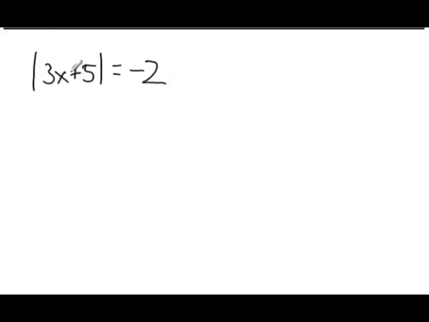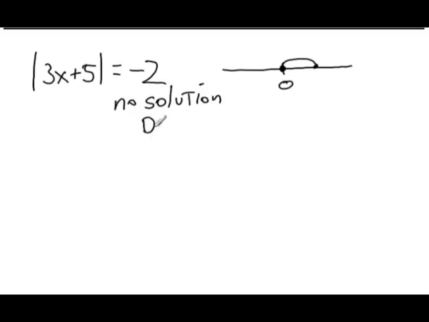So on our number line, if this is 0, anything that's here has some distance except for 0 itself. So the smallest value we can possibly get for an absolute value is 0, because 0 is 0 away from itself. So in an equation like this, there is no solution. We could also say the solution does not exist.